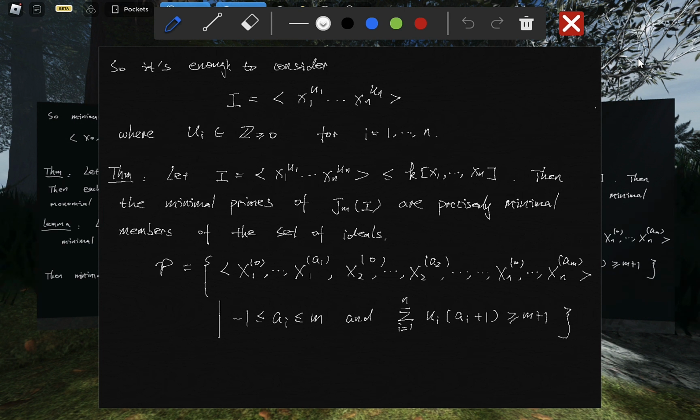So here, if say a1 equals -1, it just means this term does not appear in the generators of this ideal.